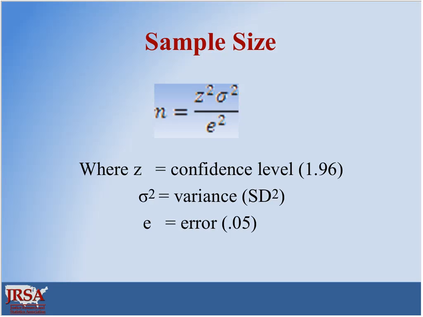And that asymptote is roughly around 360, 365 for populations over, say, 10,000.